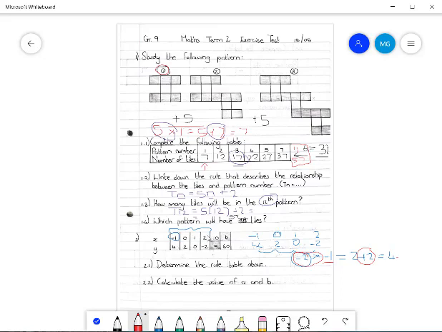Let's have a look. Let's just test the second, the term 2. If I say 2, remember I need to multiply negative 2 and then add 2. So firstly we do the multiplication. 2 times negative 2 is negative 4.